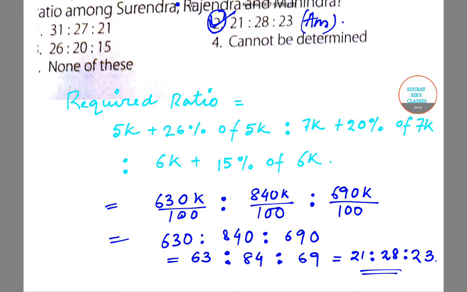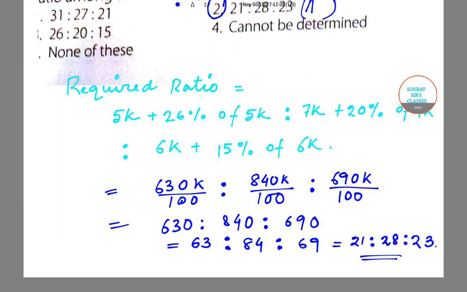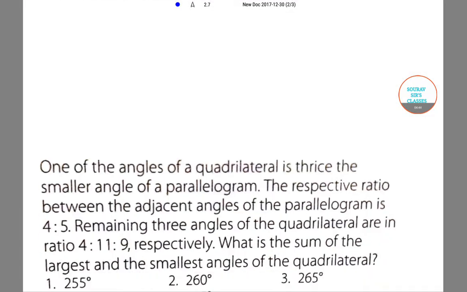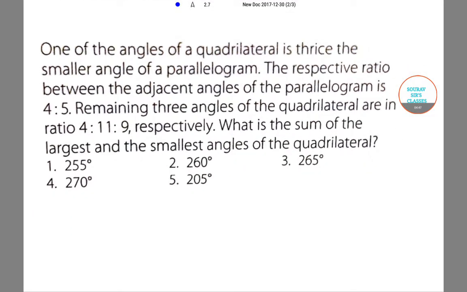Now let's go to the next question. Okay, so here is our next question. The question is, one of the angles of a quadrilateral is thrice the smaller angle of a parallelogram.